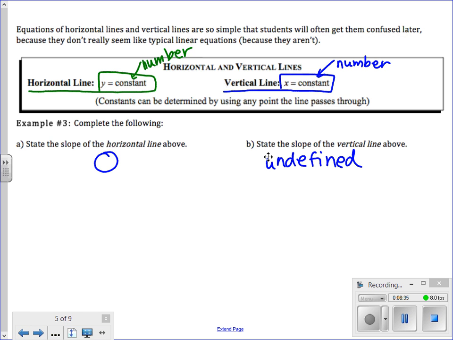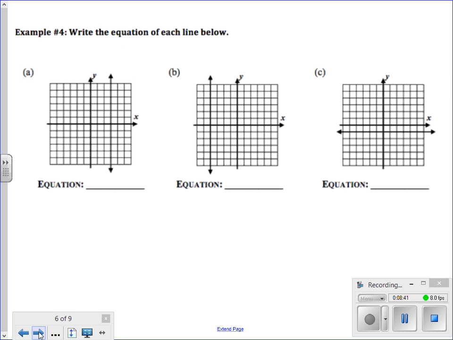All right, so let's go through and practice identifying different vertical and horizontal lines. I have a few problems here. It says write the equation of each line. I need to identify first, before I can write the equation, what kind of line this is. Well, this line is vertical, and a vertical line is cutting through the x-axis.